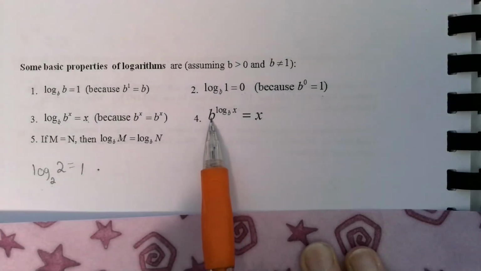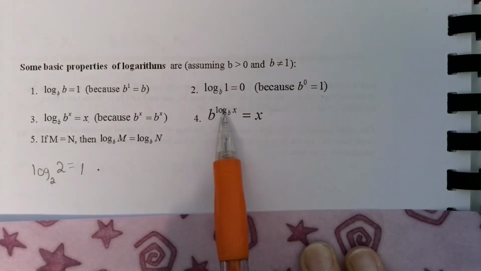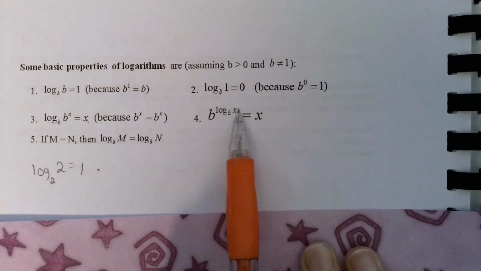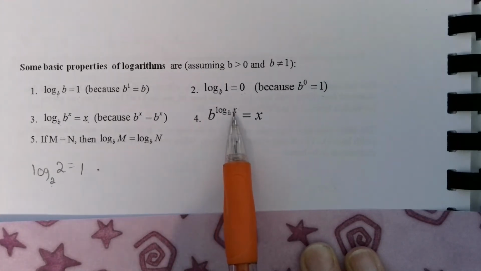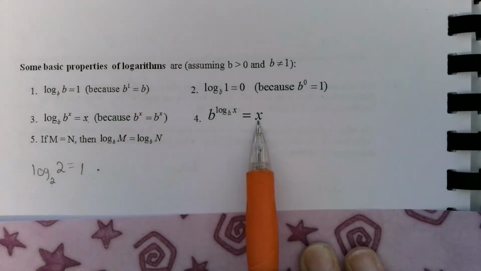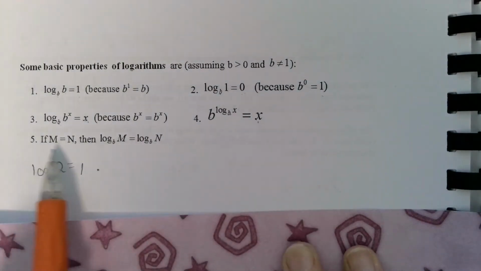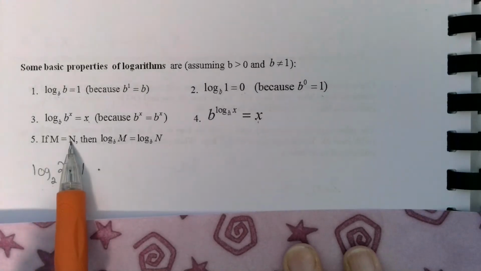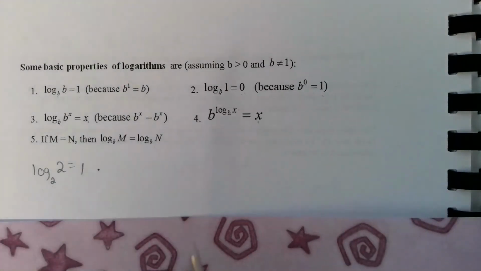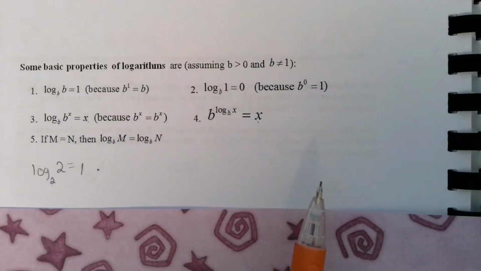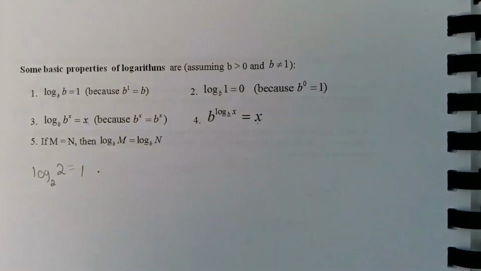Now, if b is the base, and the log base b is in the exponent of this b, then the log base b and b to that power end up kind of undoing each other, and you're left with just the x. And then one final property here, if we have two numbers that are equal and we take the log of those two numbers, they'll still be equal. Okay, so that property we'll use when we solve equations.